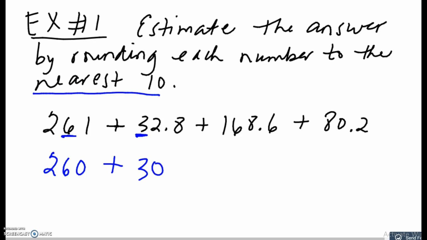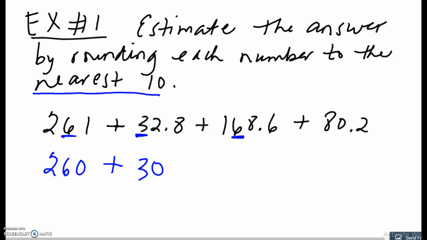Again, repeating the same process, we're rounding to the tens. 6 is in the tens place in 168 and 6/10. And we're going to look to its right. 8 is larger than 5, so that means we need to bump up or increase the 6 to a 7.